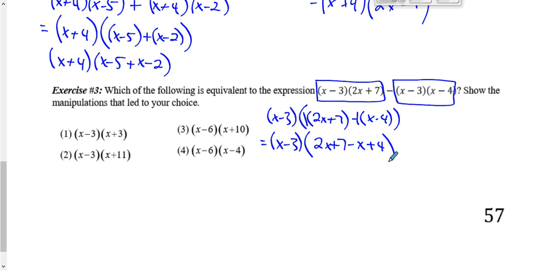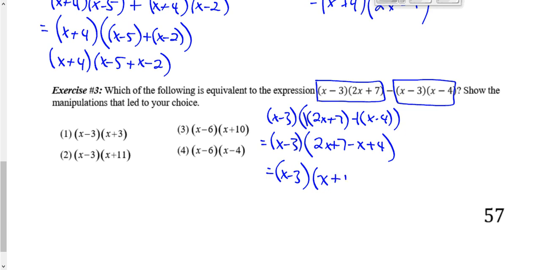With me? And I'll just combine like terms in there. 2x minus x is x. What? 2x. Is it 2x or is it... That'd be 7 plus 4.